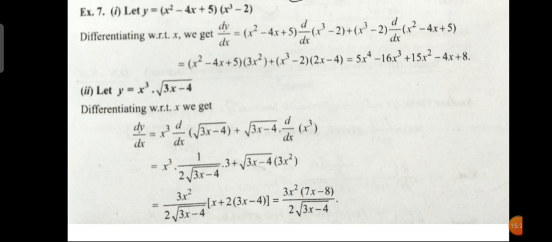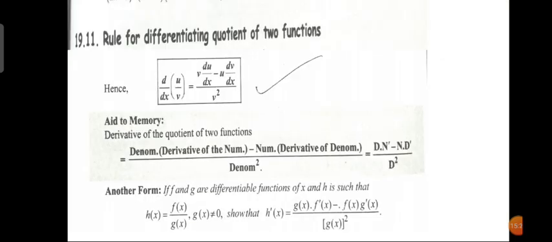Similarly the next questions. And next is the quotient of two functions, the derivative of u by v, which is v into du by dx minus u into dv by dx, all divided by v square. That is, denominator into derivative of the numerator minus numerator into derivative of the denominator, by denominator square.